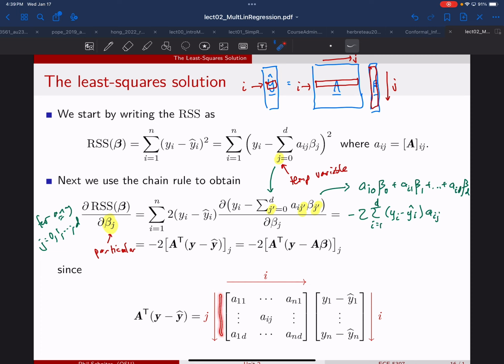If you go down this way, you see D here, that's the clue that this other dimension is indexing through the different features, like blood pressure, body mass index, and so on. So this direction, we typically use j for that variable. And then as we go down y and y hat, again here we see n, so we know we're coming across the examples in our data set.